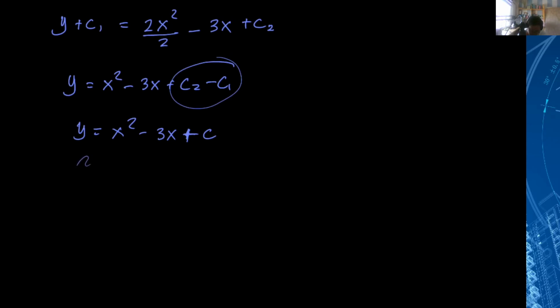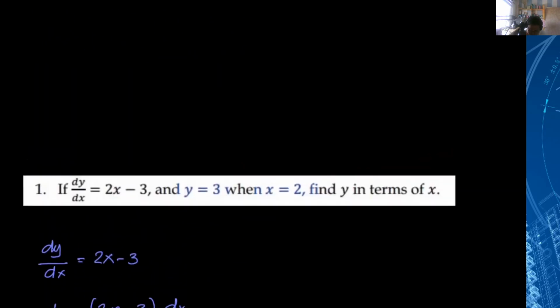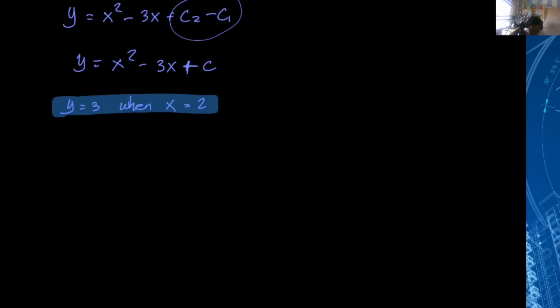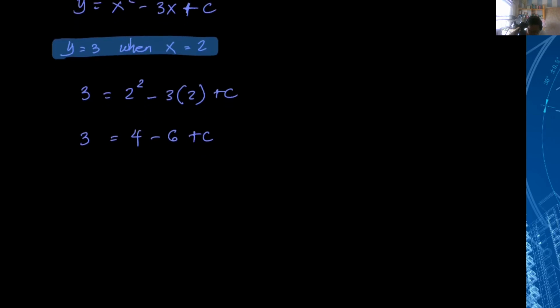We can now look back to our condition: y equals 3 when x equals 2. Let's substitute. 3 equals 2 squared minus 3 times 2 plus c. We can now solve for c because we have one unknown.